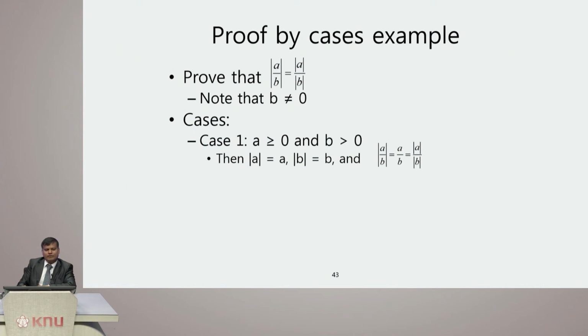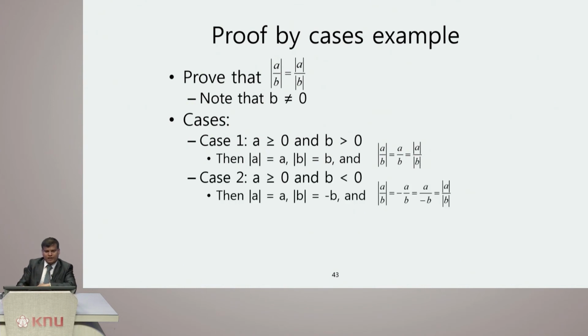So let's say case 1: a is greater than or equal to 0, b is greater than 0. Then the absolute value of a equals a, the absolute value of b equals b. So we have the absolute value of a by b equals a by b, which equals the absolute value of a by the absolute value of b.